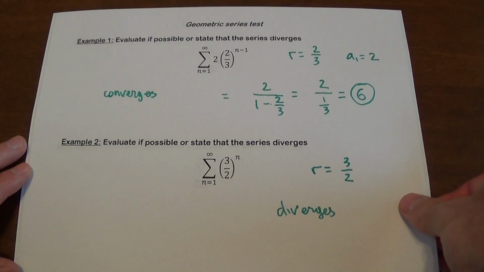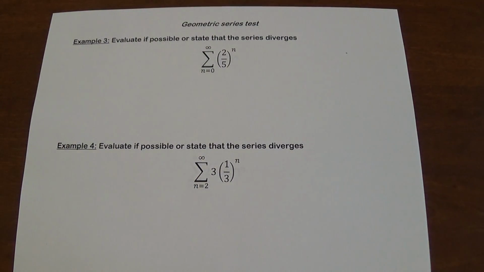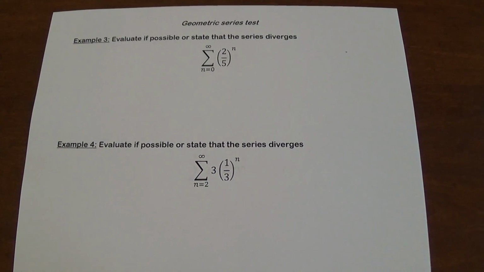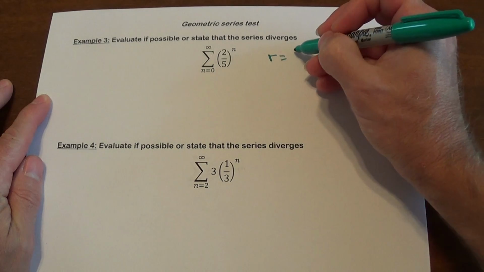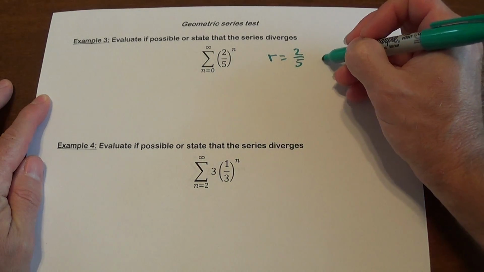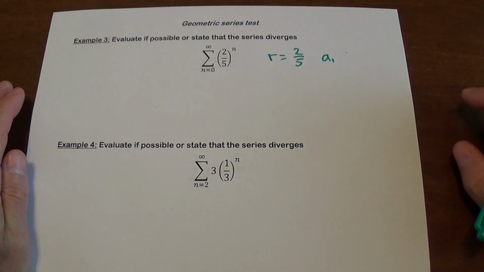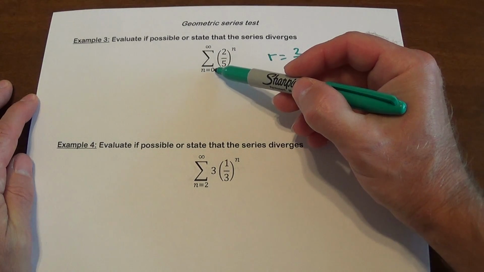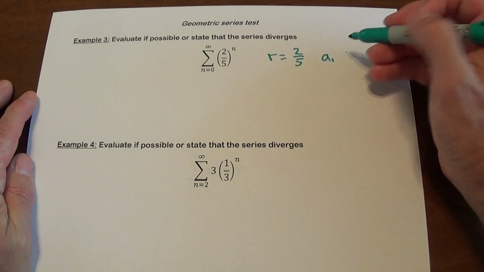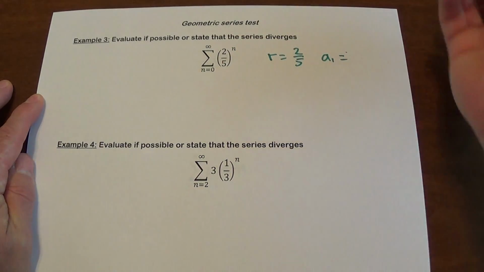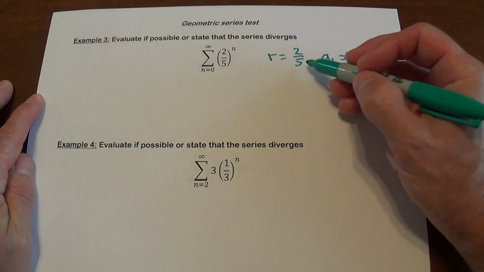You just stop there. All right, the next one. We got 2/5, so that is our common ratio. But you have to be very careful with the first term. What we do is substitute the first value, which in this case is 0, and 2/5 to the power 0 is going to be 1.